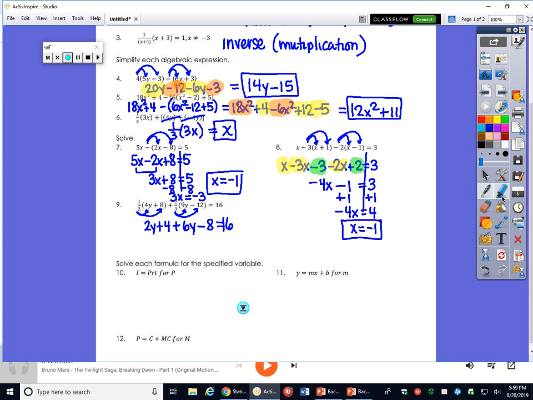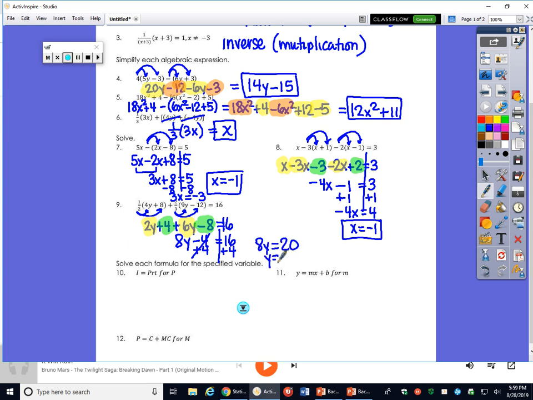So when we combine our like terms, we have those two and these two. And we need to be on, that's all on the left side of the equation. So we have 8y minus 4 equals 16. When I add 4, I get that 8y is equal to 20.